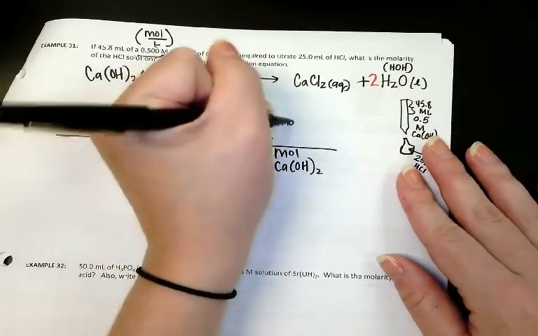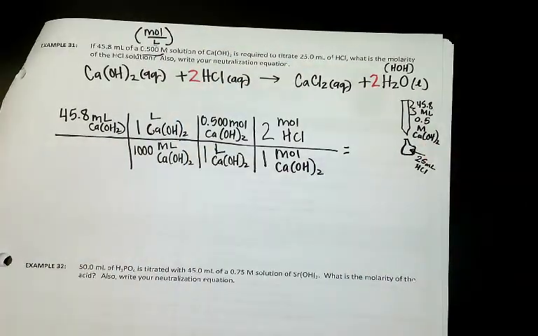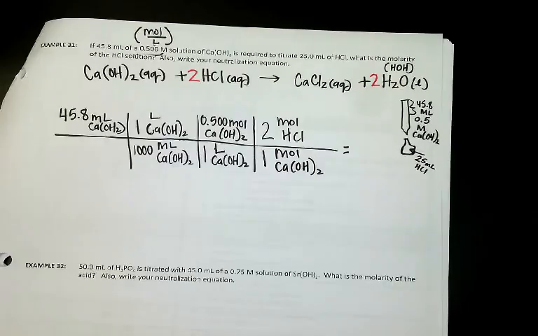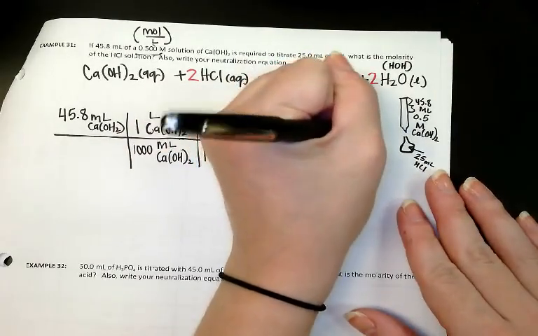Now that gets me to moles of hydrochloric acid. So when I calculate that, I get 0.0458 moles of HCl.